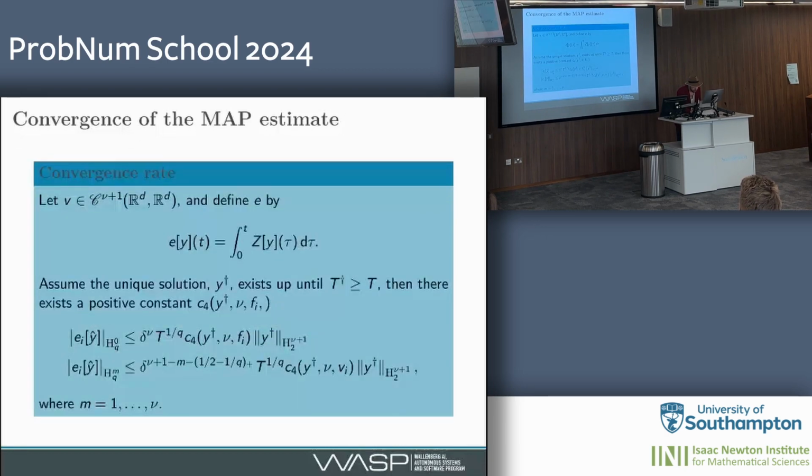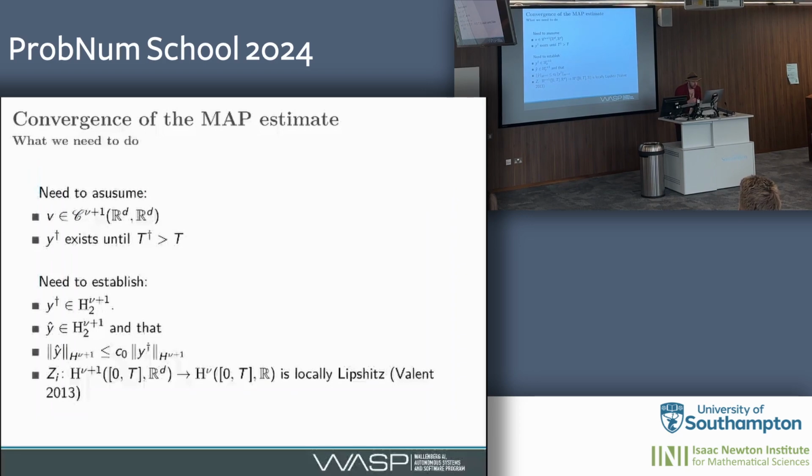Something went wrong. Okay, no, something did not go wrong. So what we need to assume is that the vector field is in fact nu plus 1 smooth, and that the solution exists. And what I haven't done is establish that the true solution lies in this Sobolev space of smoothness nu plus 1, or that our estimate actually lies in the same Sobolev space.